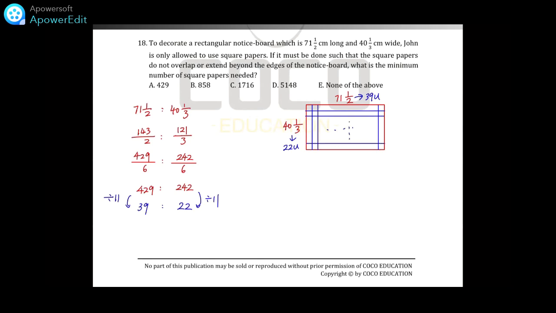Each small square is 1U by 1U. So the total number of squares will be 39 times 22, 858 square papers. So the answer is B.